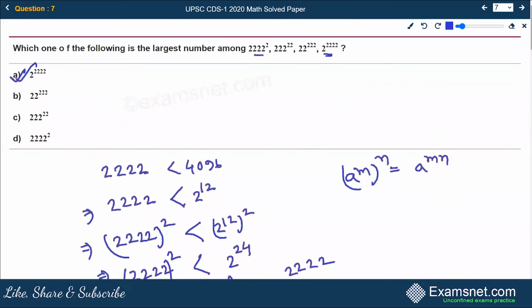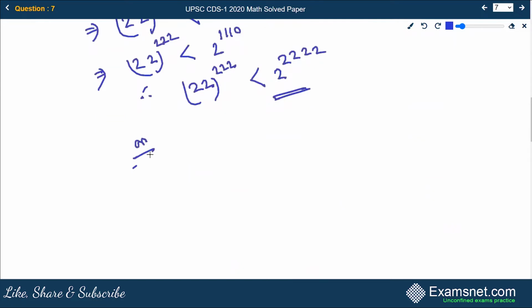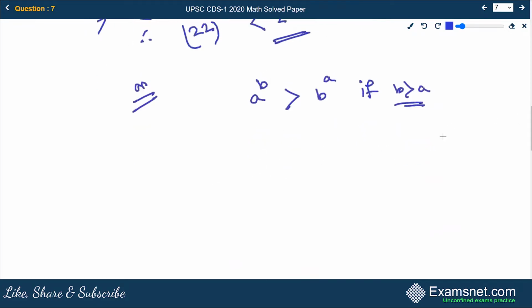Also, there is one more short trick that we can use here. That short trick is a to the power b is greater than b to the power a if b is greater than a. Now look here at the numbers. So 2222 whole square is obviously less than 2 to the power 2222. Correct?